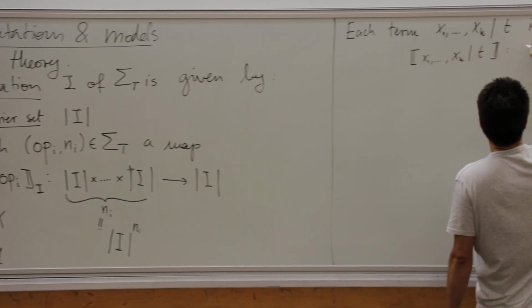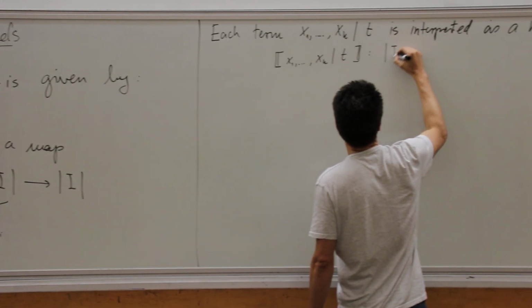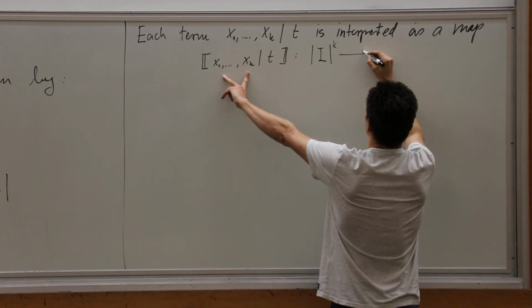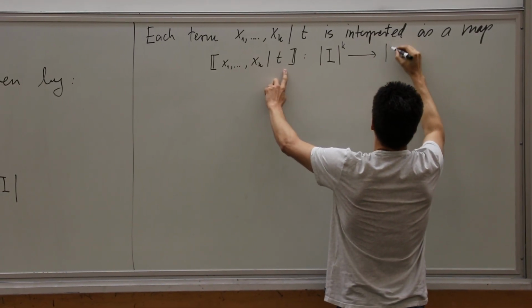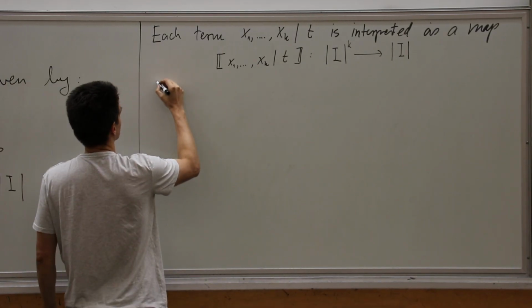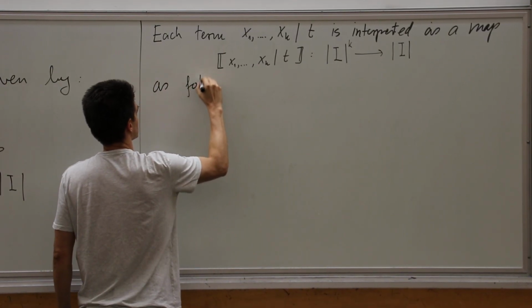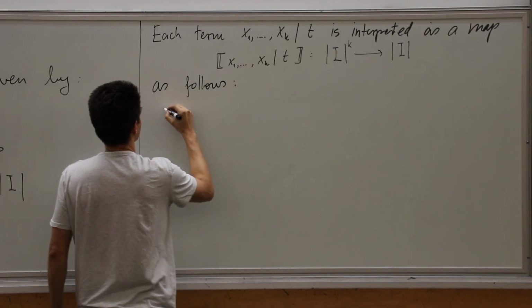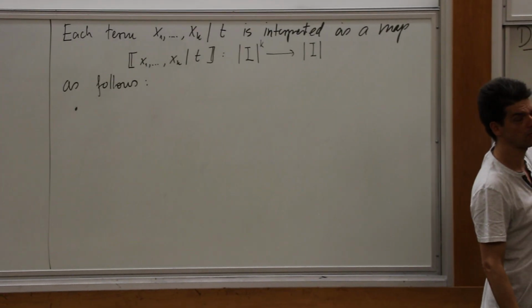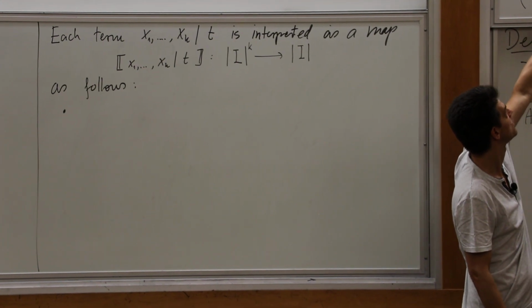So this goes from the carrier to the k, because I have k variables, to I. And this works as follows. Now I use recursion, because terms are defined inductively, so I can define a function on them recursively.